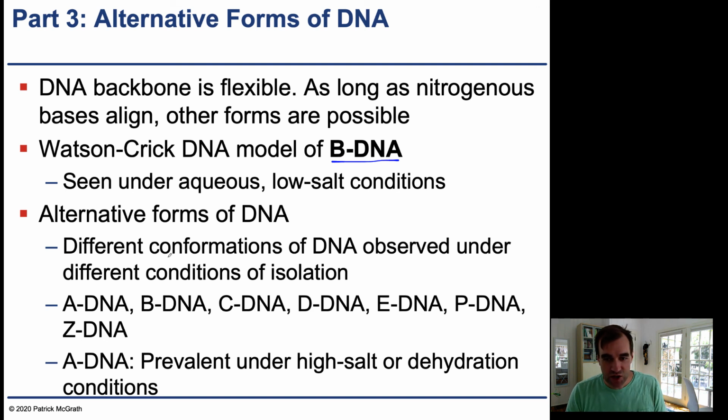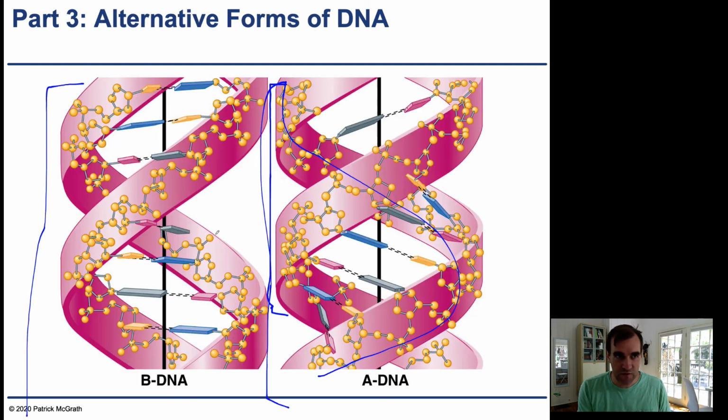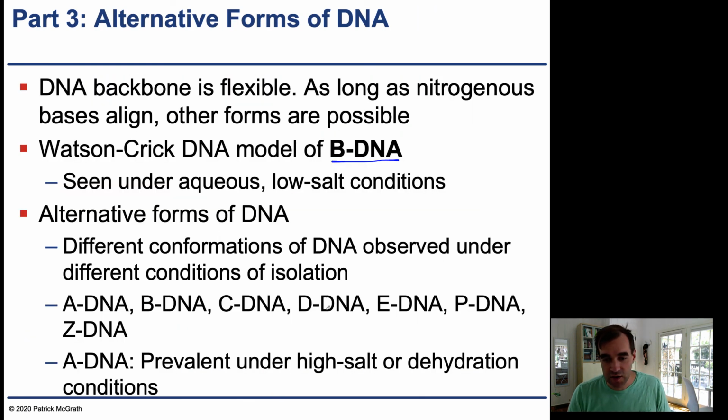So the conformation of DNA is largely determined by the chemical environment it finds itself in. So is there a lot of salt, a lot of water, etc. And then also other things that can induce different forms is the nucleotides that are actually within it. So some of these require certain sequences of nucleotides in order to form these different geometries.